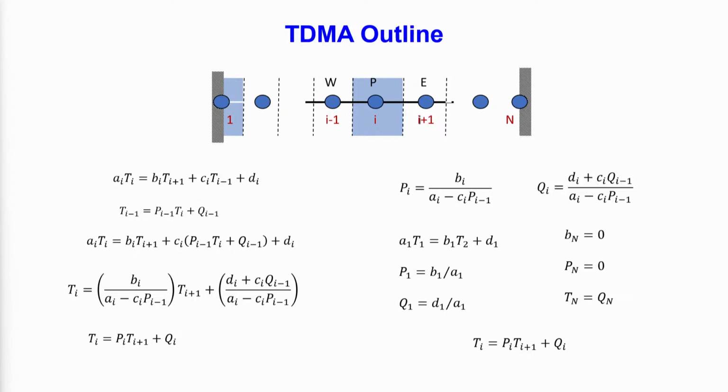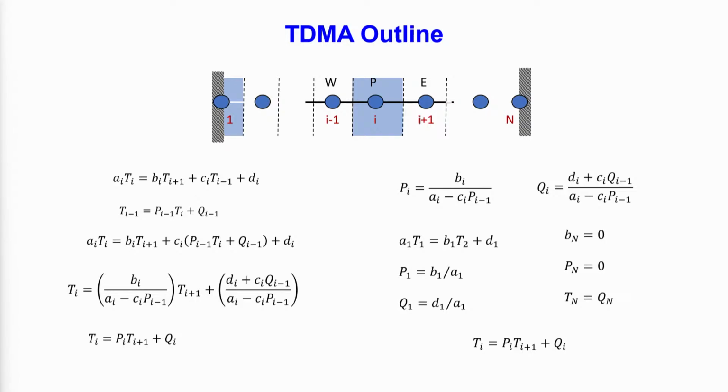So the question is that now that we have this, we do not know what is Pi minus 1, Qi minus 1, because our original discretization gives Ai, Bi, Ci, etc. So how do you get this? So what we do is that, assuming that to be of that form, in the first equation in place of this Ti minus 1, we are substituting Pi minus 1 Ti plus Qi minus 1, okay.